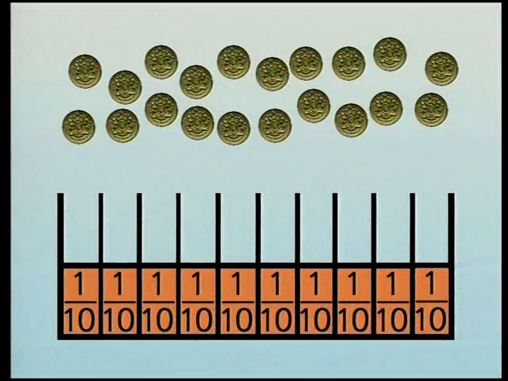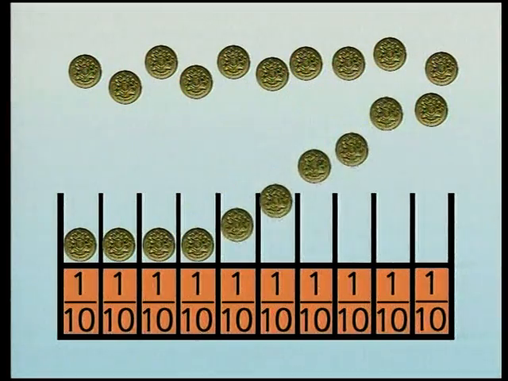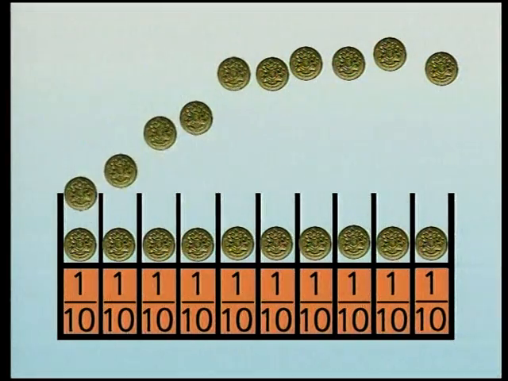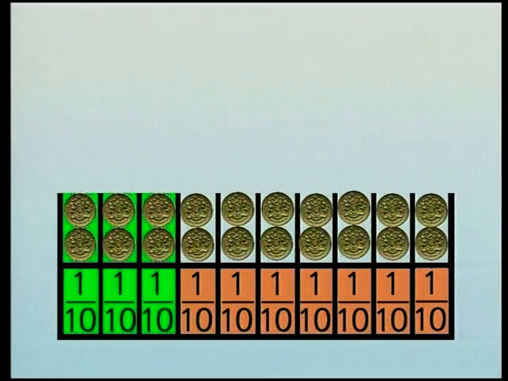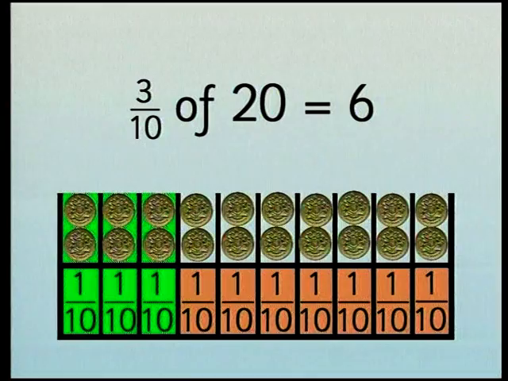Let's split or divide our coins into 10 equal parts. There. Now you can see exactly what 1/10 of 20 is. Dancing denominators. 1/10 of 20 is 2, 2/10 of 20 are 4, and 3/10 of 20 are 6.